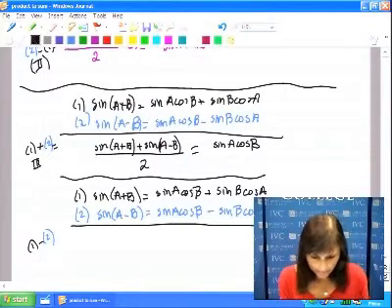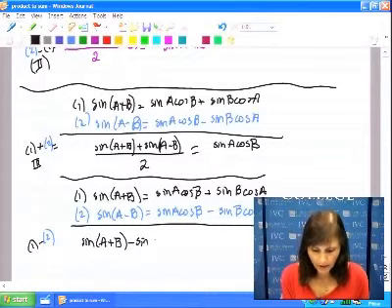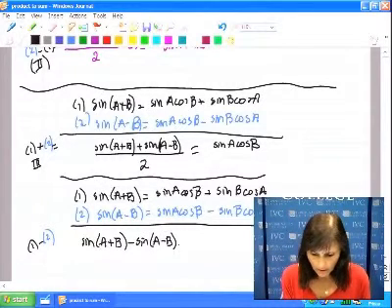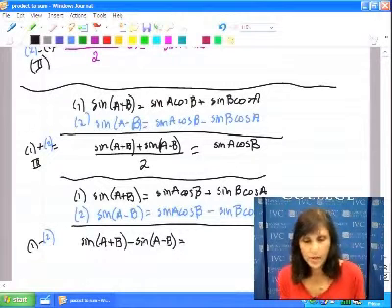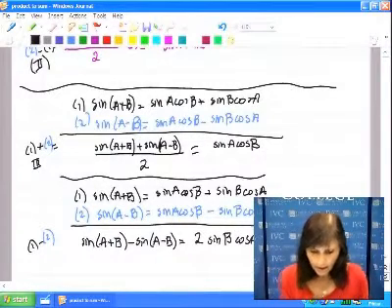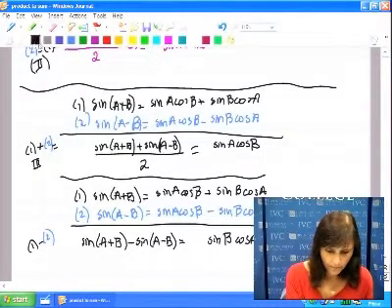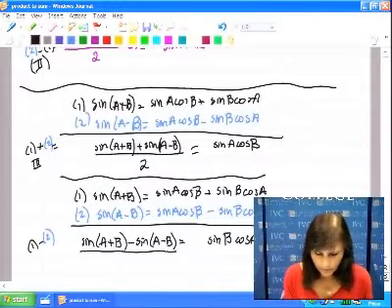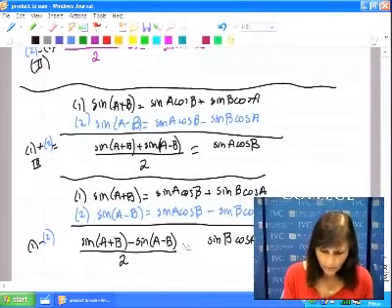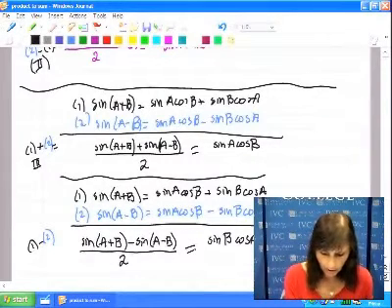Then you're going to get sine A plus B minus sine A minus B. You can actually derive these pretty fast. What will happen is sine A cosine B will disappear, but you're going to end up with 2 sine B cosine A. And then you take that 2 on the other side. That will give you your formula.